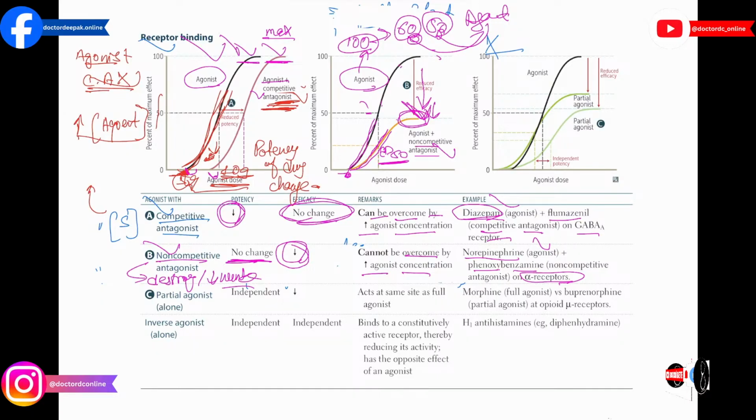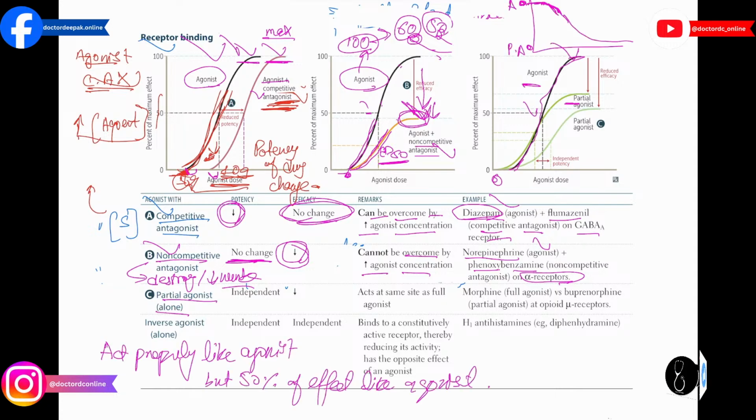When the concentration of agonist is high, the effect is maximum. For example, this is the effect. Now we are increasing the concentration of partial agonist.